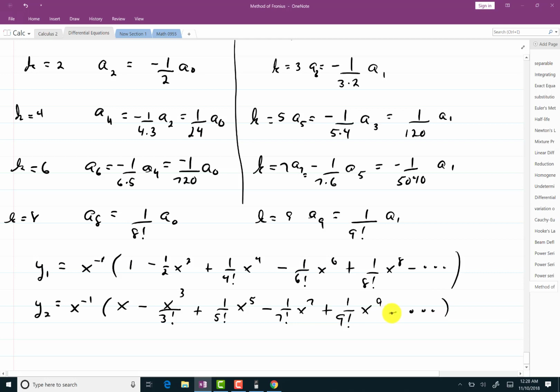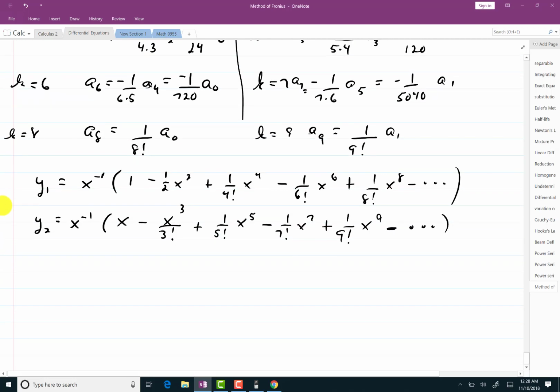Well, this was a series that really was nice because y1 equals x to the negative 1 times cosine of x, and y2 is x to the negative 1 times sine of x. Well, this is really nice then. We have y, for our answer, y is c1y1 plus c2y2.